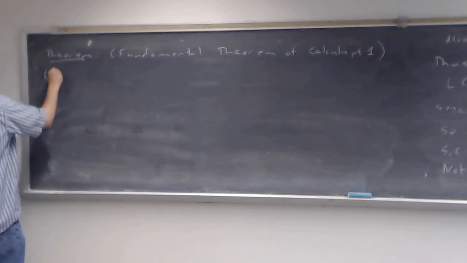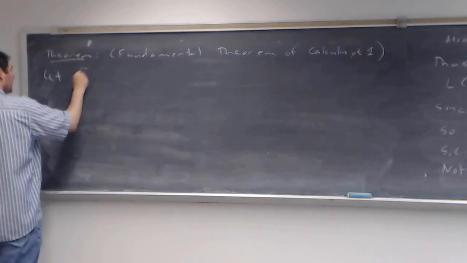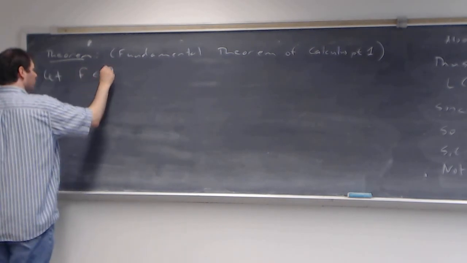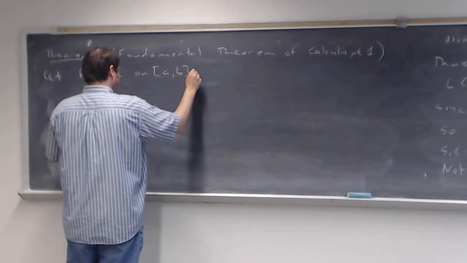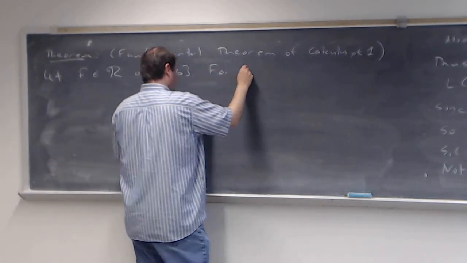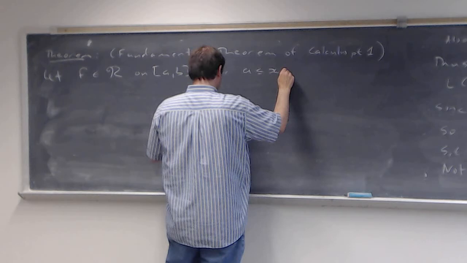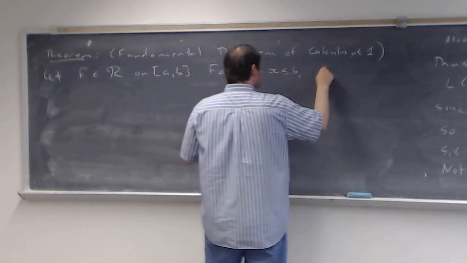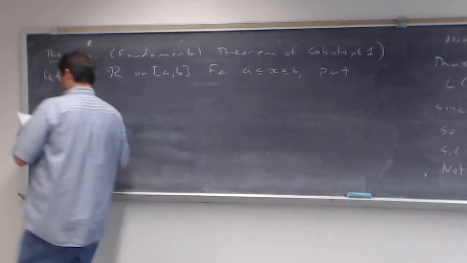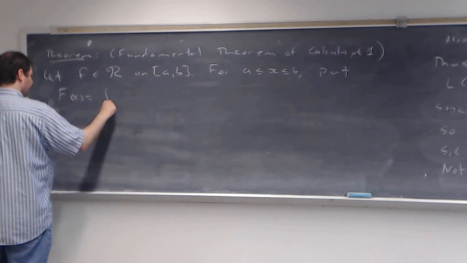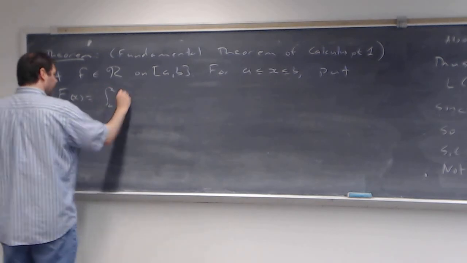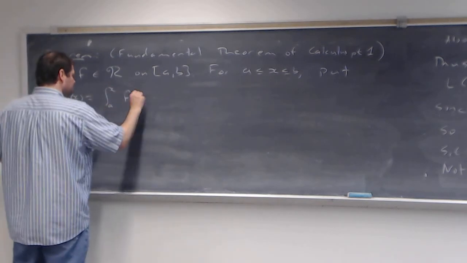Let f be Riemann integrable on a to b, and then for a less than or equal to x less than or equal to b, put big F of x equal to the integral from a to x of f of t dt.